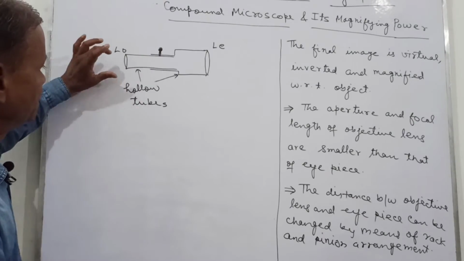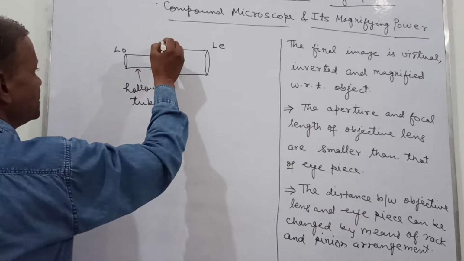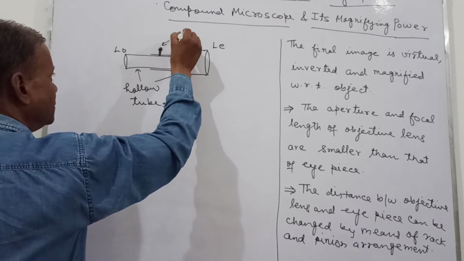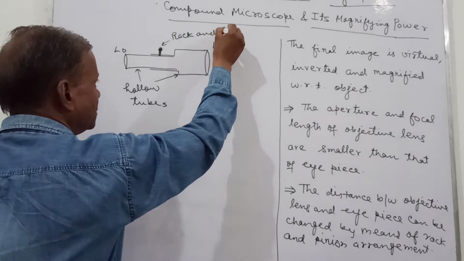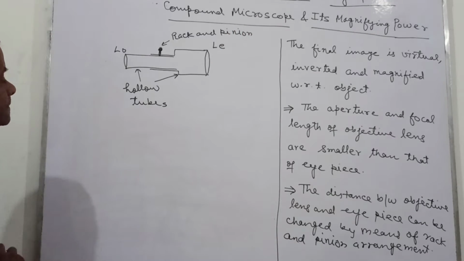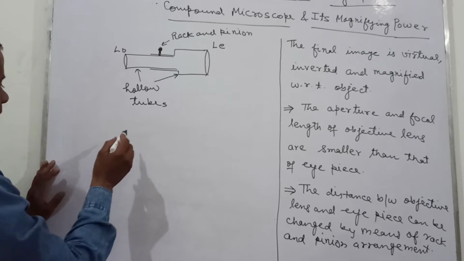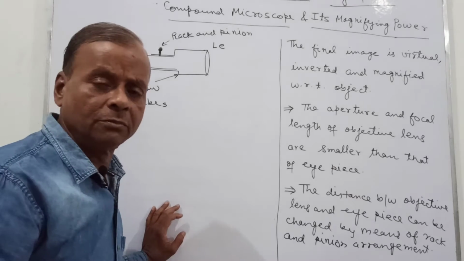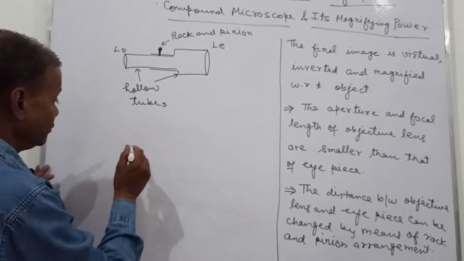This is now the rack and pinion, the slider. I am telling you this because it is not given in the book.